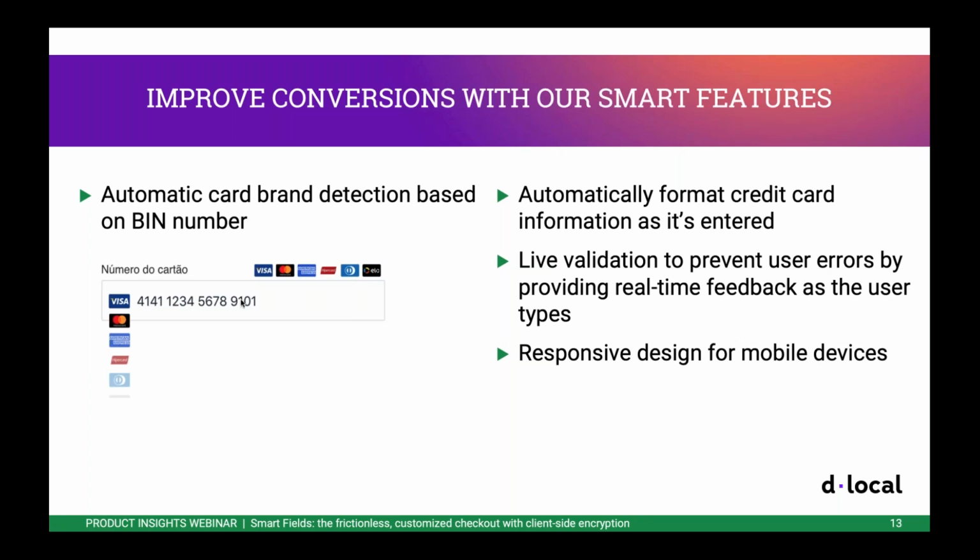If they finish entering the whole number of the credit card and there's a mistake, we will identify that mistake right away and show it to the user so they can go right ahead and make the change in real time. And we designed SmartFields mobile first, so this is going to work great on mobile devices, laptops, desktop, you name it.